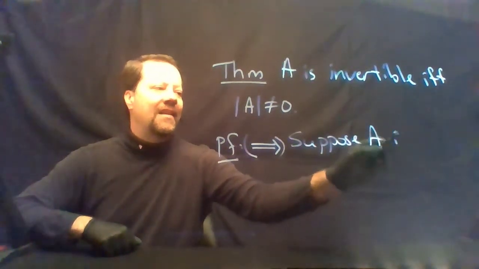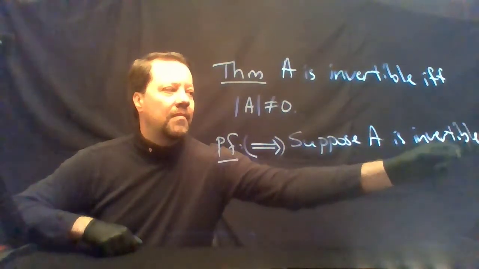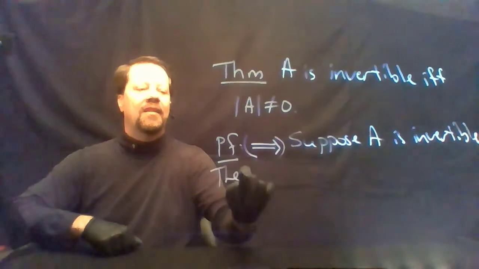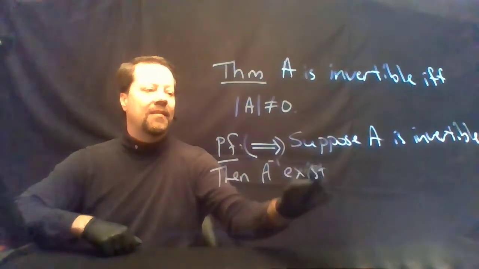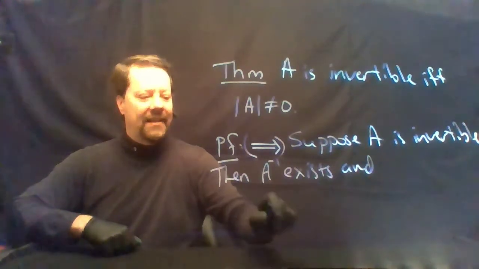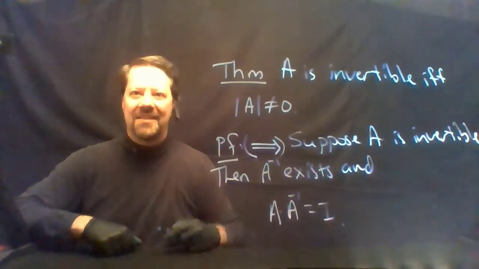Suppose A is invertible. Then A inverse exists, and A times A inverse is the identity matrix.